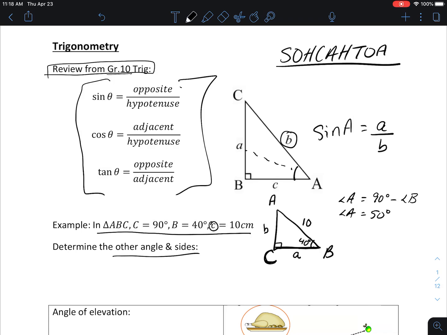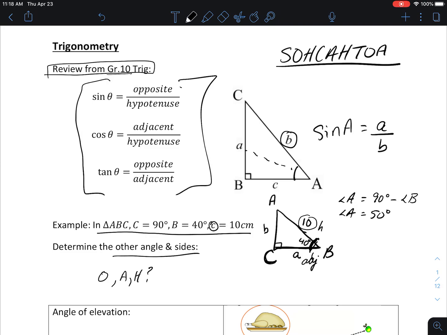And now I have to decide to start with A or B. So if I wanted to calculate, say, this length here, side A, I might look at the angle that I have and then use this known side of 10. And I have to think about, in terms of opposite, adjacent, and hypotenuse, which ones am I talking about?